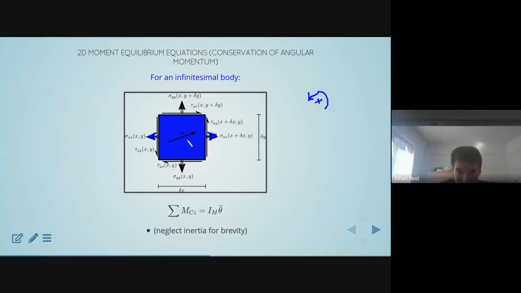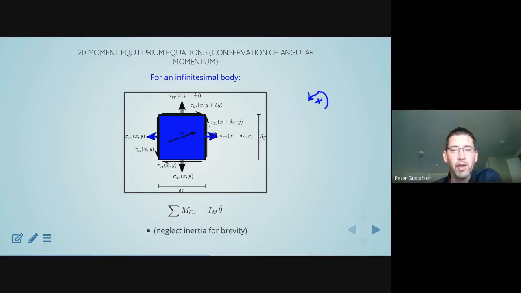That'll be negative tau yx times dx for the force, and then times 1/2 of dy for the moment arm. Absolutely. So tau xy contributes positive, tau yx contributes negative. Each of them ultimately has 1/2 dx dy as their multiplier in the equation. You can imagine doing that equally here on the opposite side.